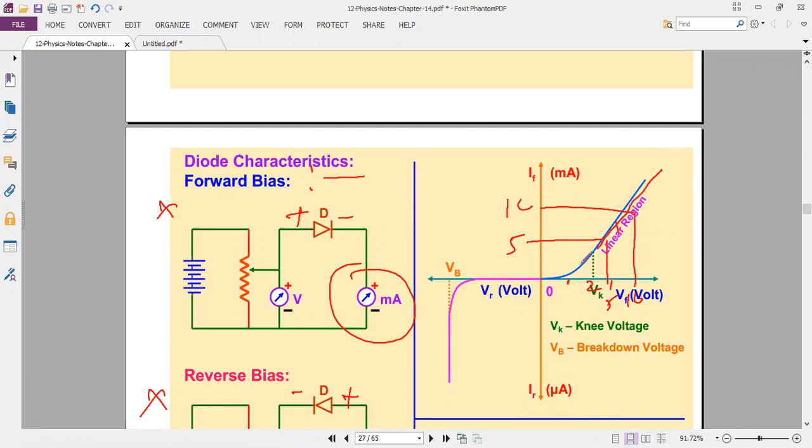The point where it suddenly changes is called the knee voltage, V_A, for the forward bias. Very important. This is forward bias, the VI characteristics. VI means voltage and current characteristics.